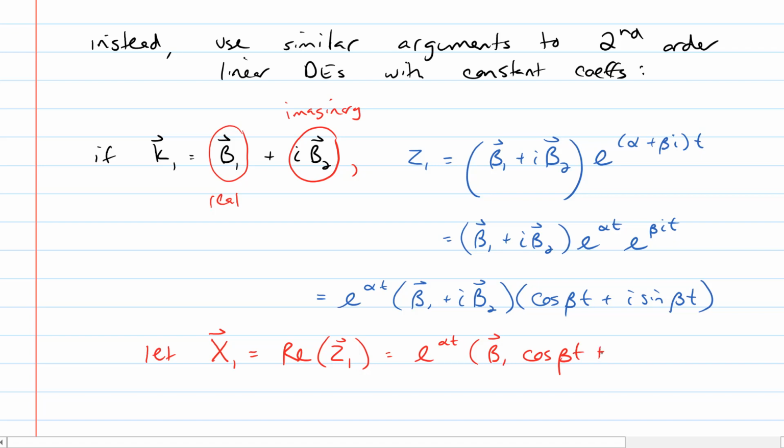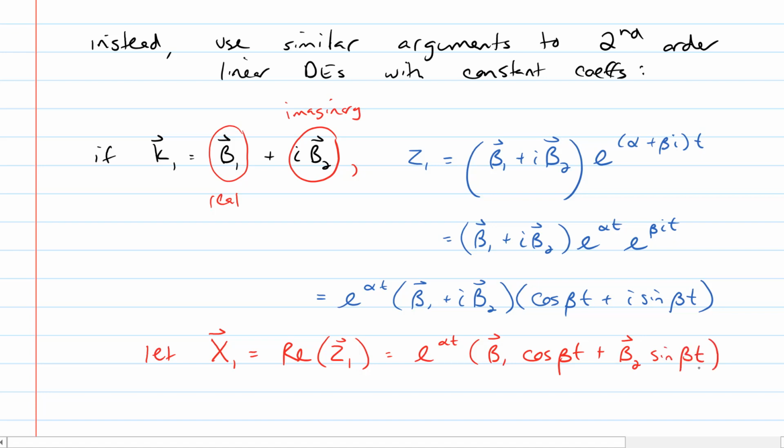Plus, now notice that if you take the two imaginary parts together and you FOIL this out, then you get i squared, so negative 1, times b2 sine beta t.